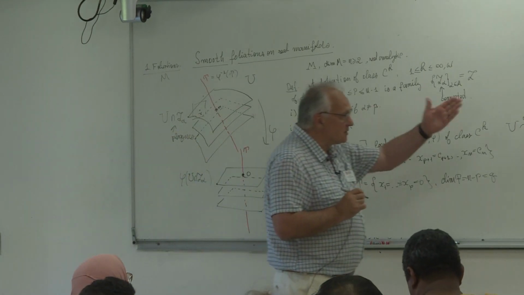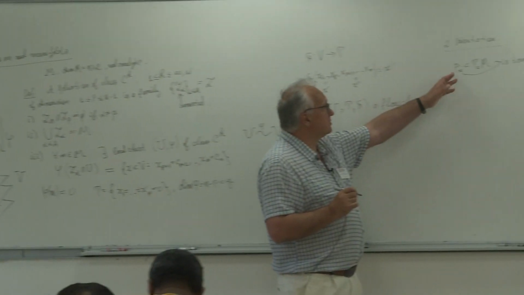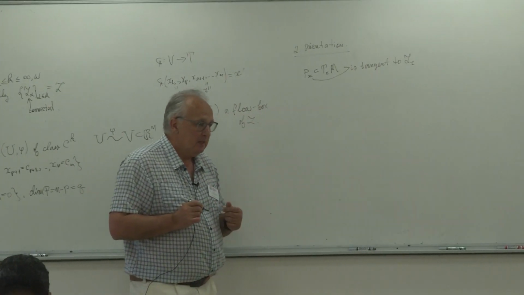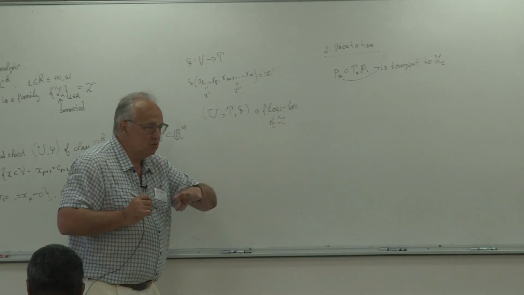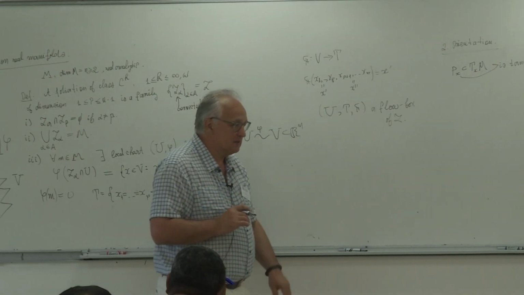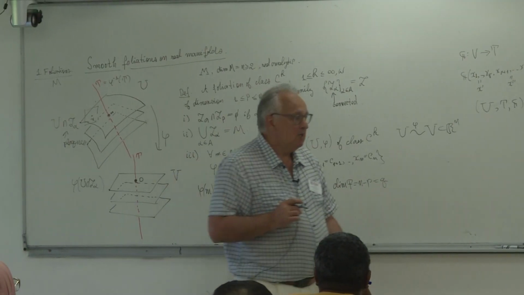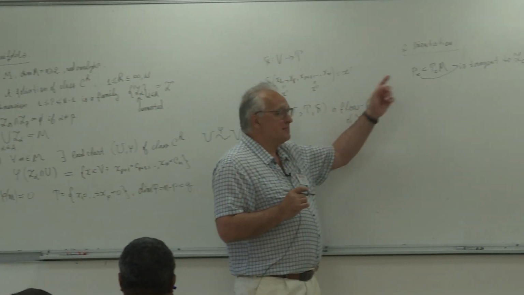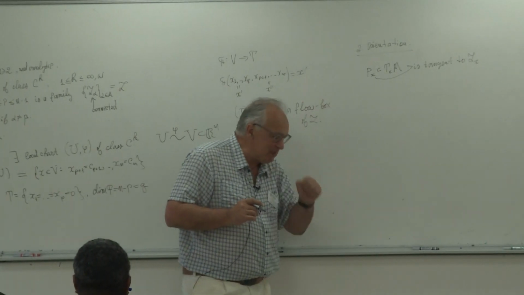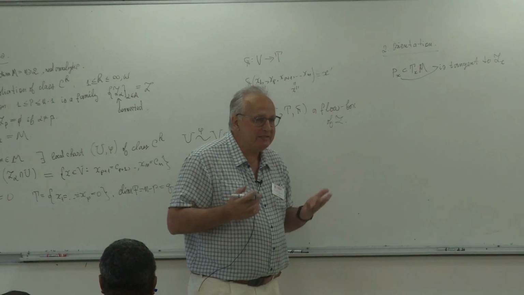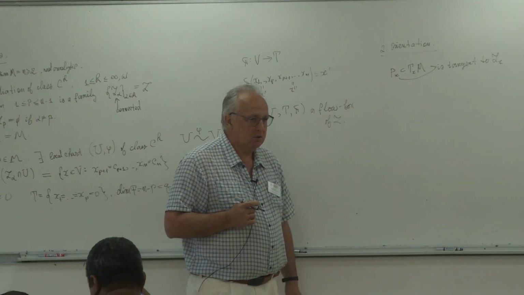So this is a subspace of dimension p in the tangent space. It varies smoothly depending on x, and a foliation is called orientable if these planes, subspaces, can be continuously oriented on M.